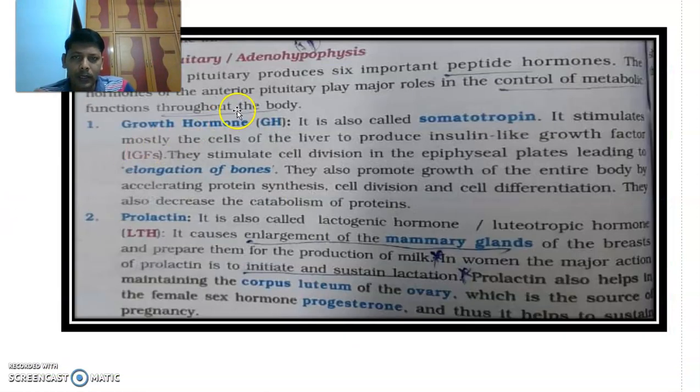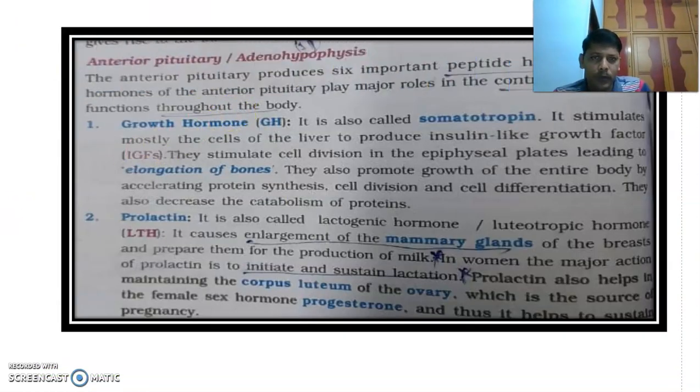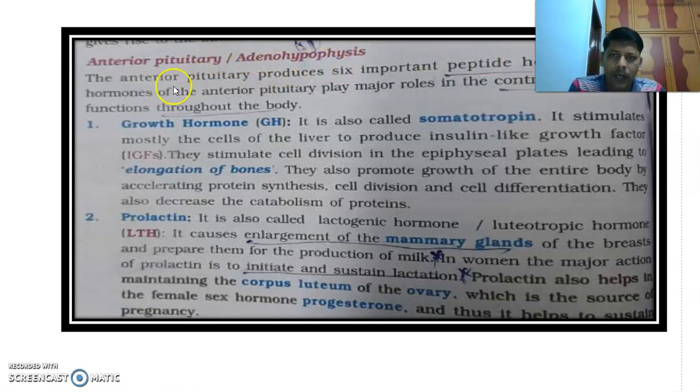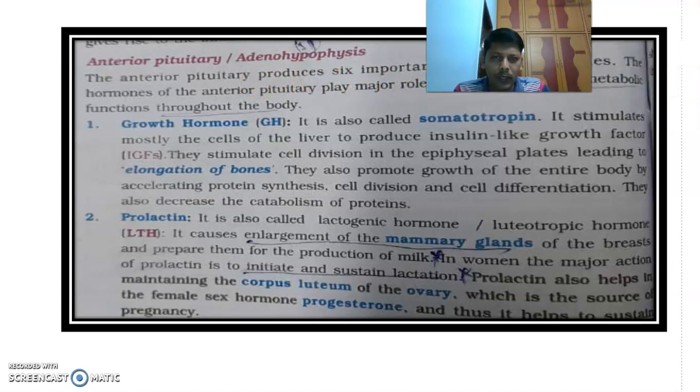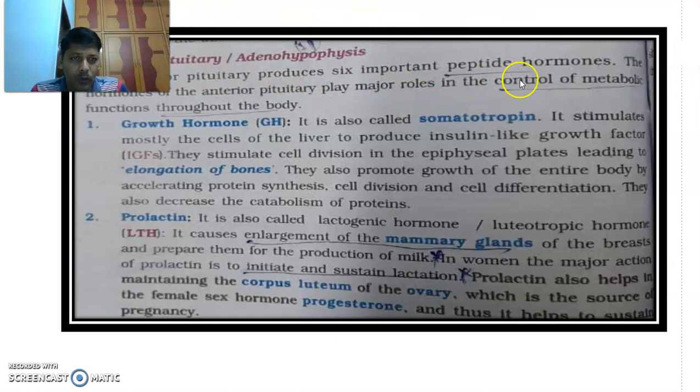Right. Let us see a list of hormones produced by the anterior pituitary or adenohypophysis. The anterior pituitary produces six important peptide hormones. The hormones of the anterior pituitary play major roles in the control of metabolic functions throughout the body. Let us take the first hormone, growth hormone.